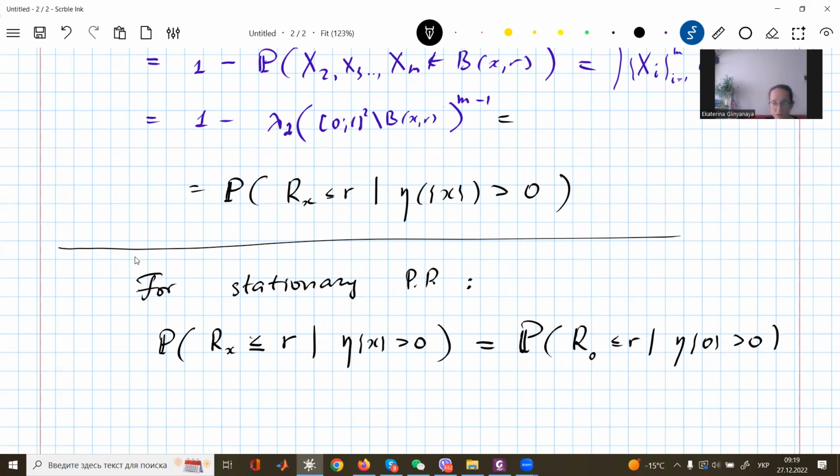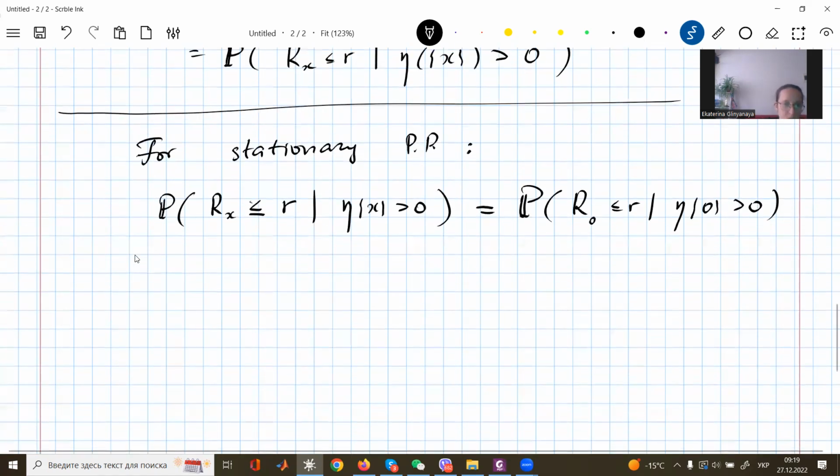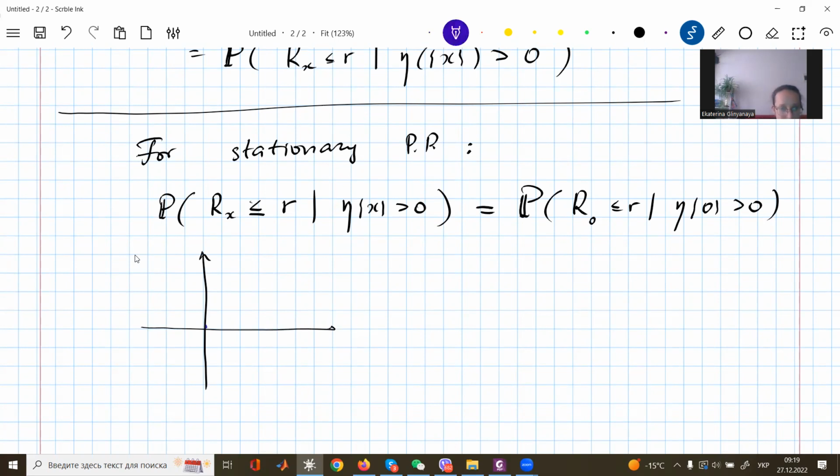So this means that we want to find the closest, or the smallest, distance to other points if we assume that there is a point at the origin. So here will be our R_0.